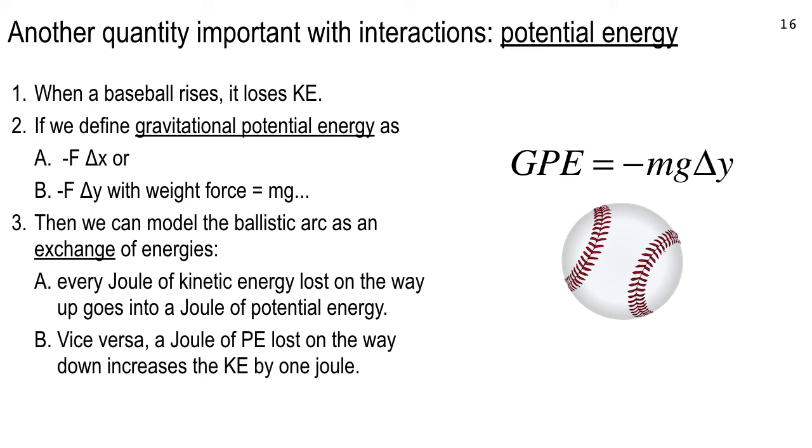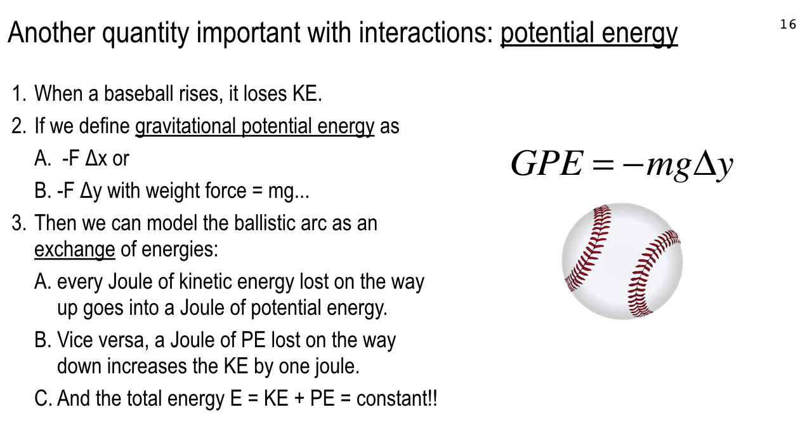All right. So this idea of potential energy, it's kind of abstract, but it allows us to think of exchange of energies. And one more thing is true. The total energy, capital E, equals kinetic energy plus potential energy, that is a constant. The kinetic energy changes, and so does the potential energy.